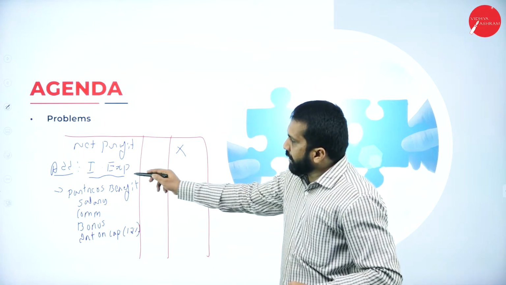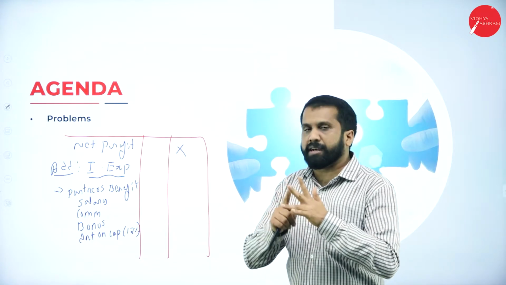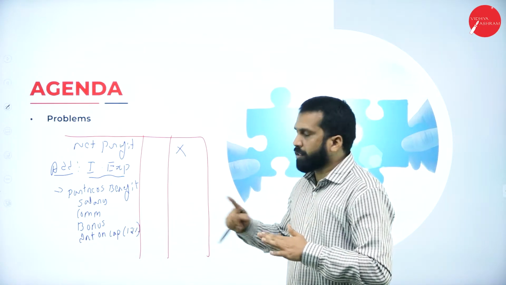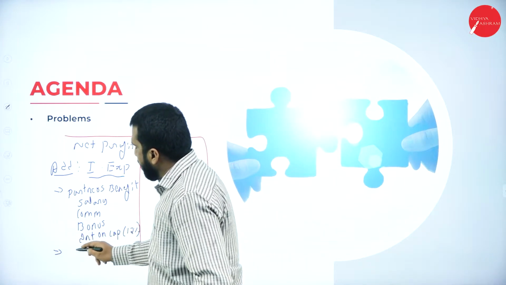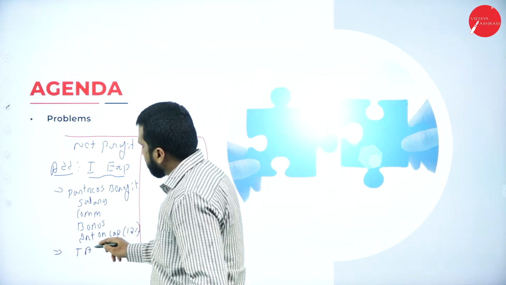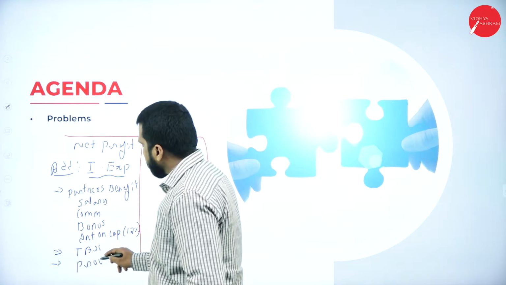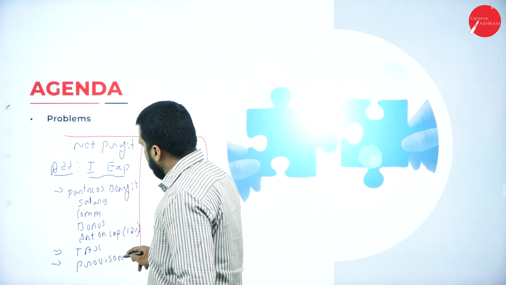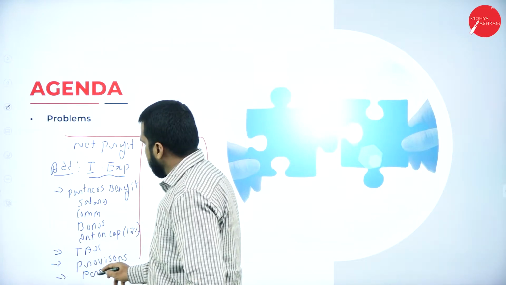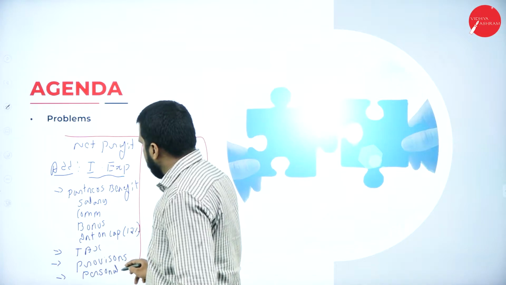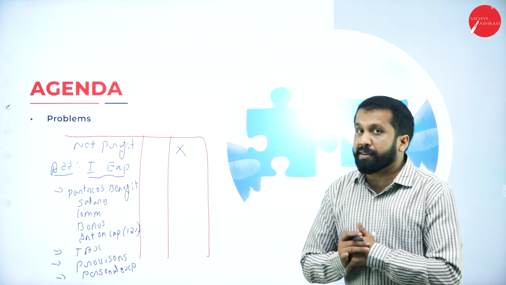Now, inadmissible expenses are what? Like partners' benefit, like salary, commission, bonus, interest on capital. Along with this, remember, if there are any tax, if there are any provisions, if there are any personal expenses, all come under your inadmissible expenses.